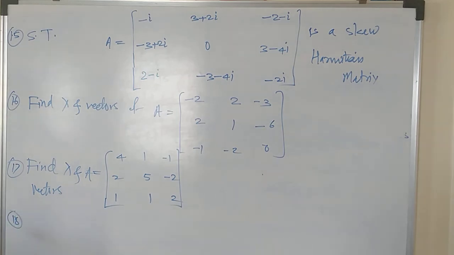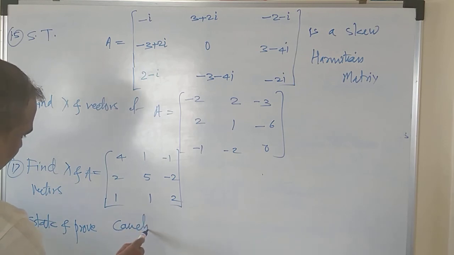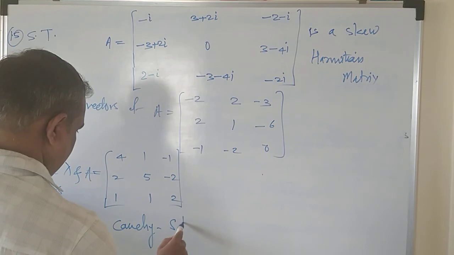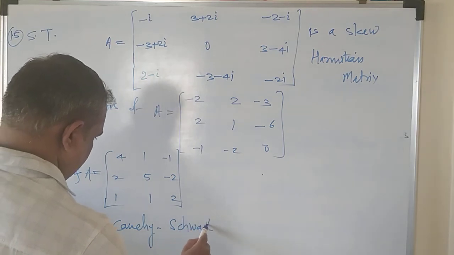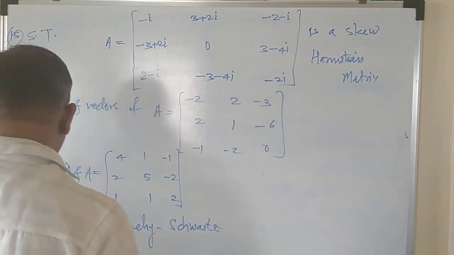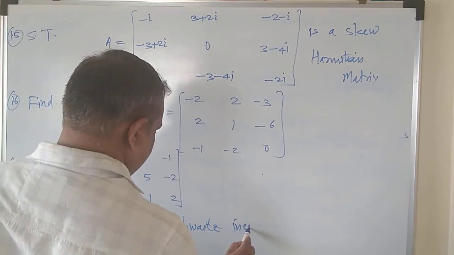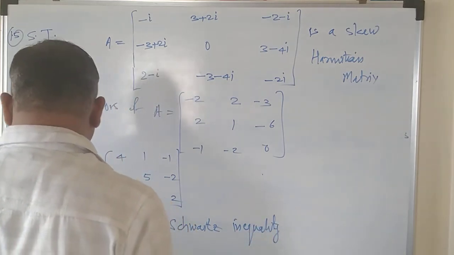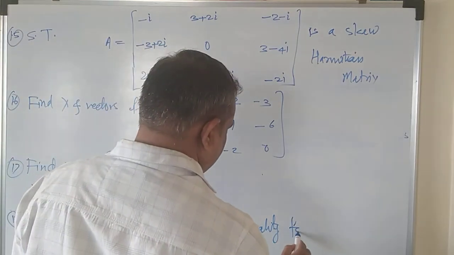18th is state and prove Cauchy-Schwarz inequality for inner product space.